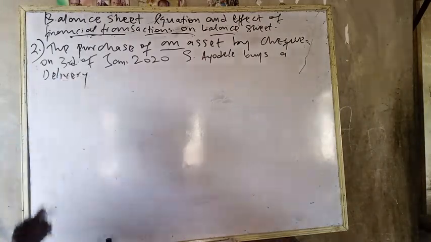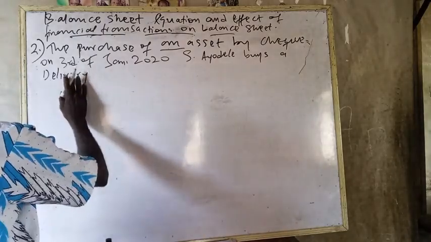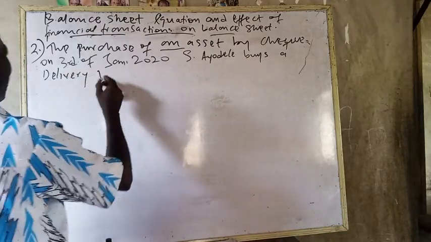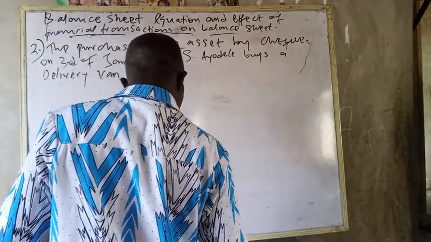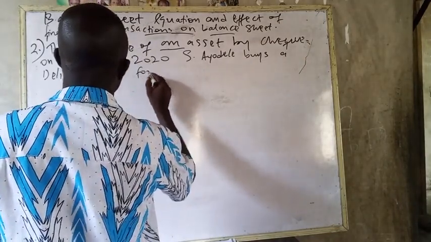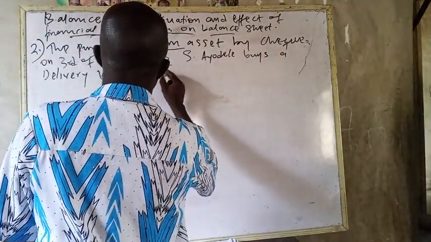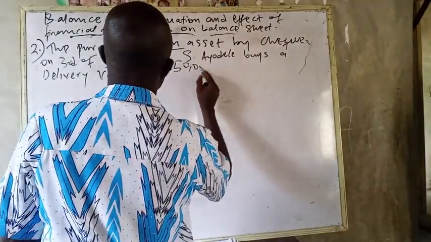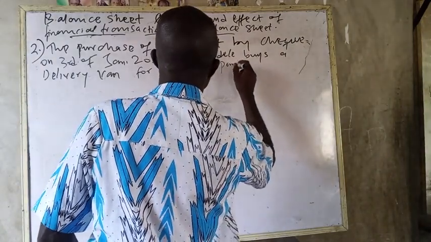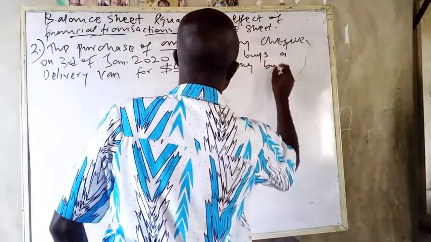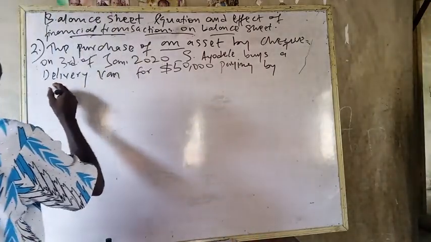Sorry about my spelling, delivery van. Buys a delivery van for $50,000, paying by check.